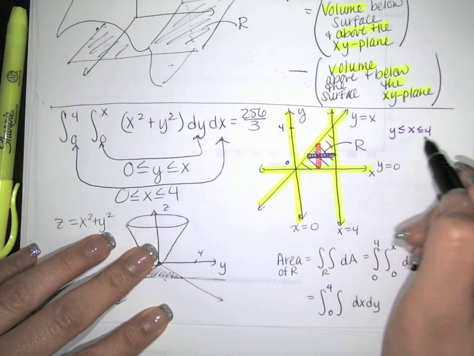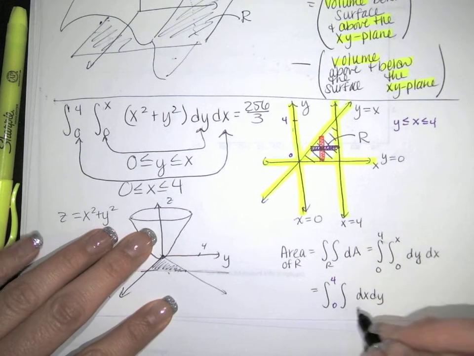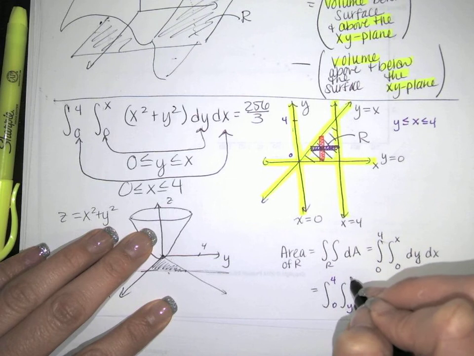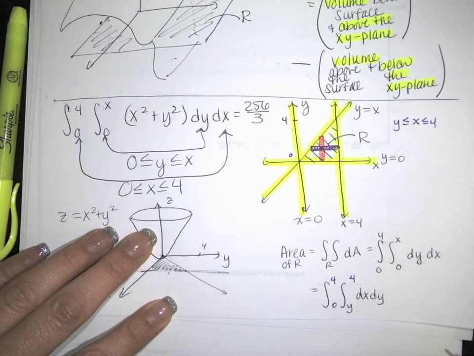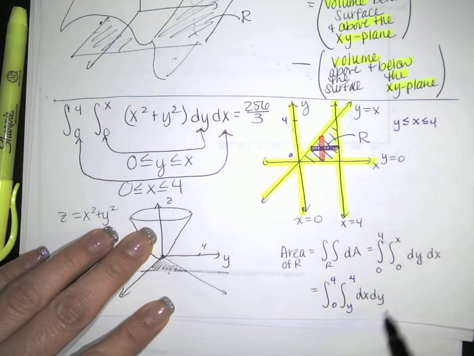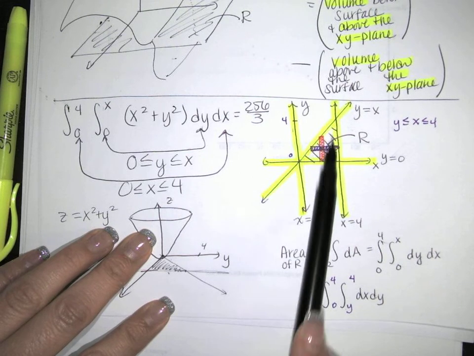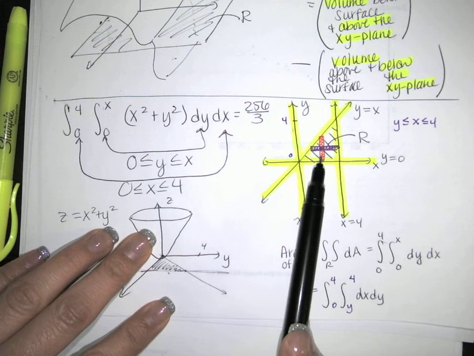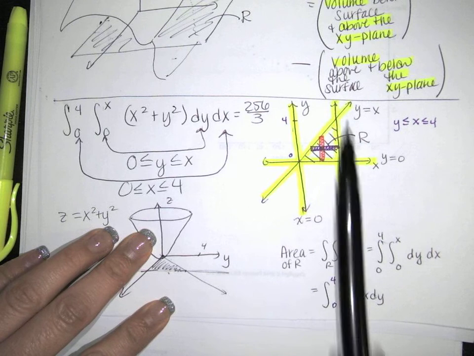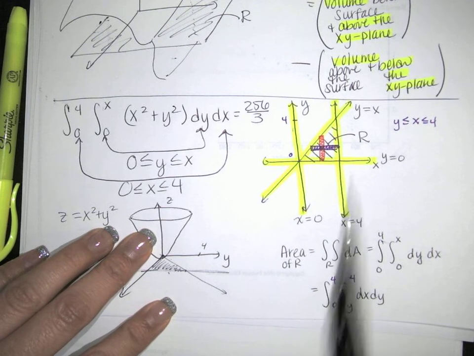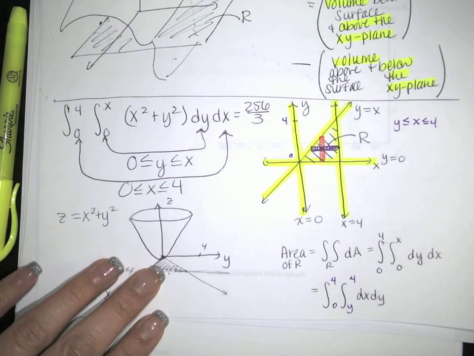So the bounds for x are y and 4. The lower bound is y, and the upper bound is 4. If you evaluate this integral and you evaluate this integral, you're going to get 1/2 base times height, the area of that triangle. So you're going to get 1/2 of 4 times 4. So 1/2 of 16, you're going to get 8 for both of those.